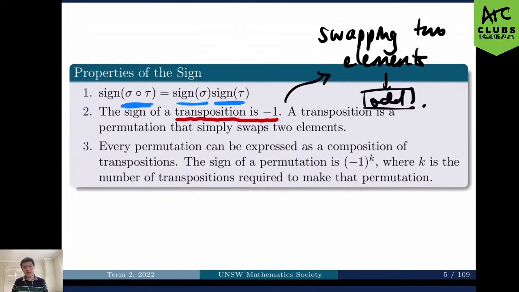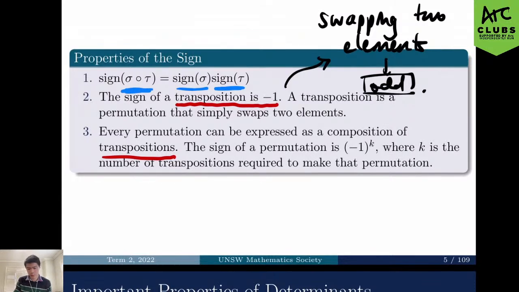And this last one is that every permutation can be expressed as a composition of transpositions. You won't need to know this too much for this course. This is more for higher level algebra courses. But basically, the sign of a permutation is equal to -1 to the power of k, where k is the number of transpositions you need for that permutation. And why is that?